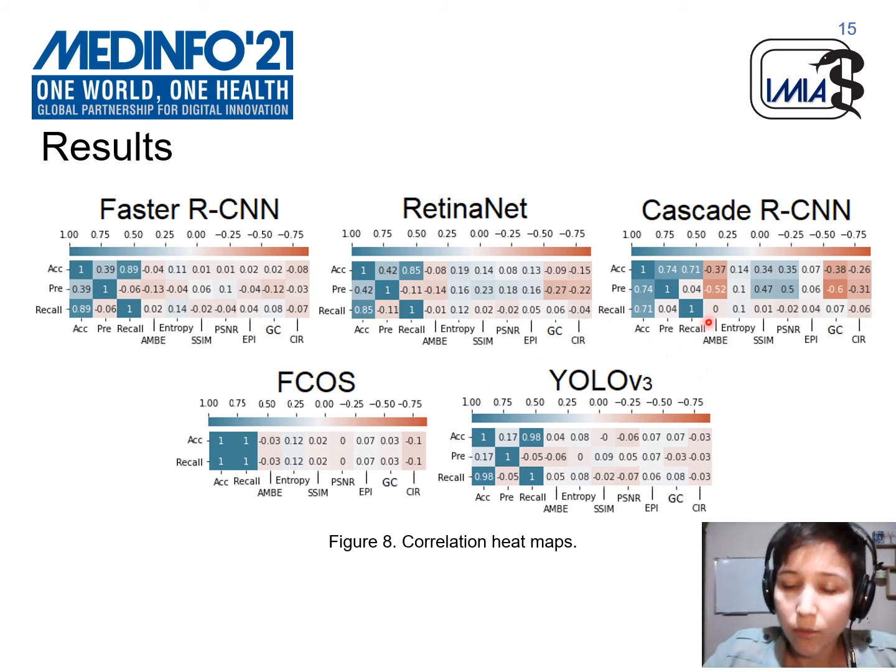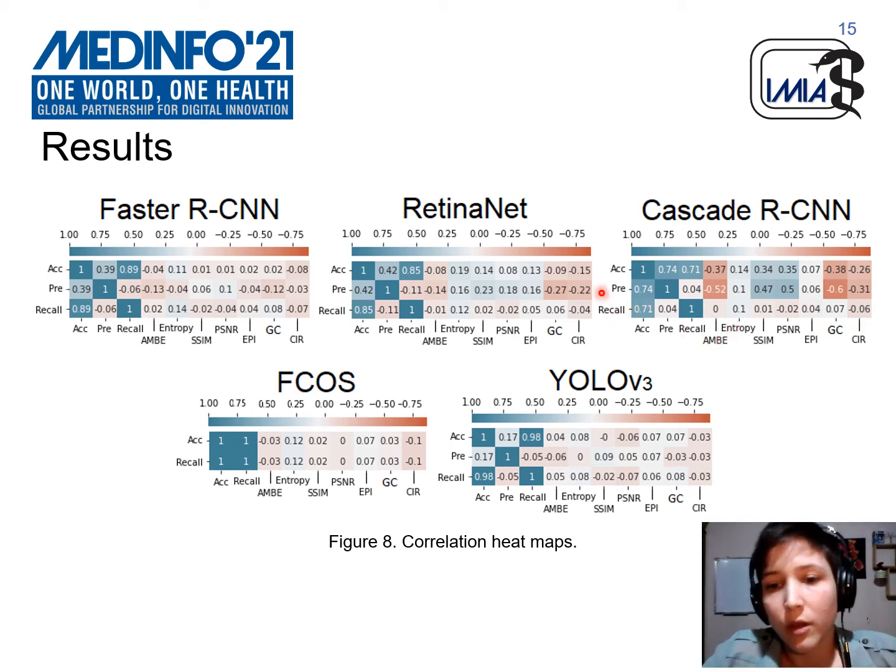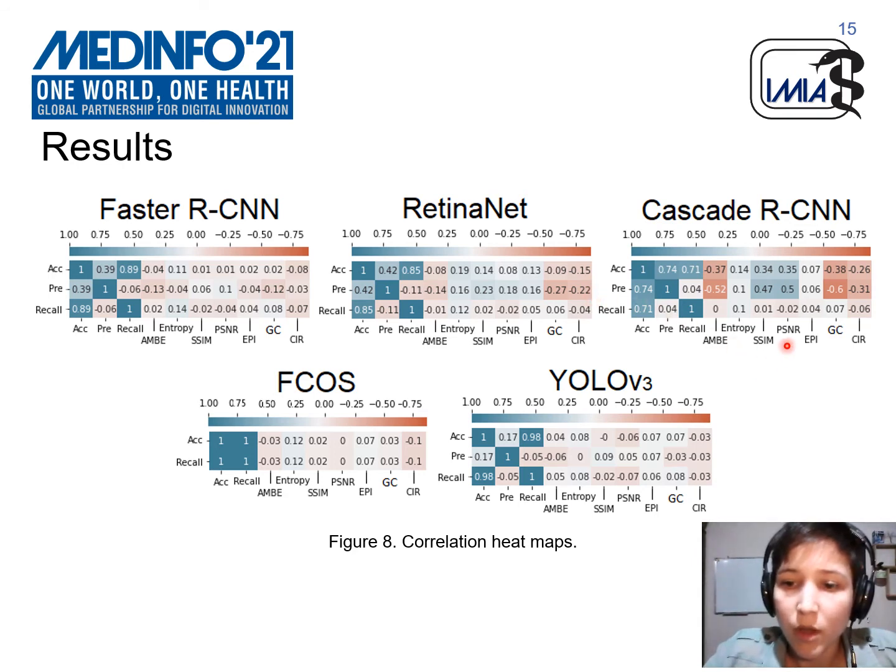And if we look back at the correlation heat map of Cascade RCNN, we can see a positive relationship between the accuracy and the precision with SSIM and PSNR metrics, and a negative relationship between these two metrics and AMBE, the global contrast, and CIR.